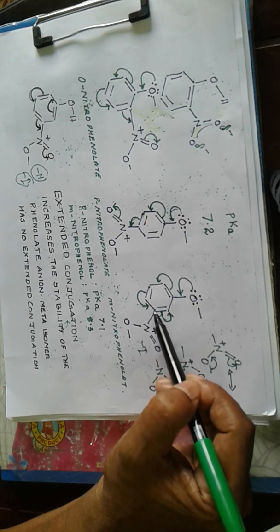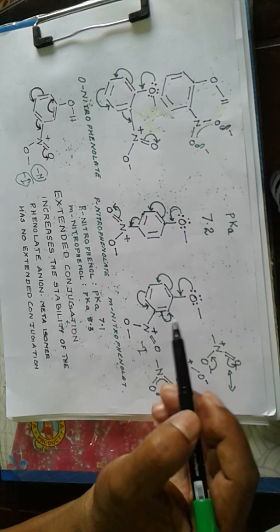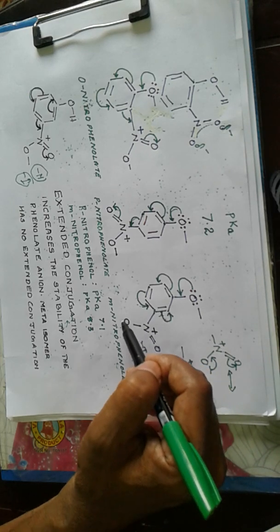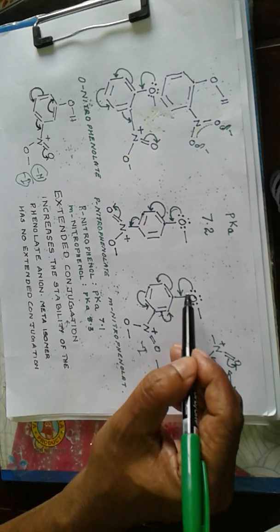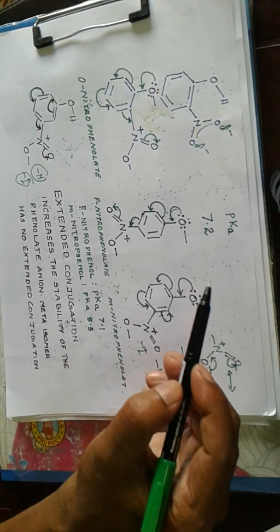This pi electron pair cannot move in this direction because the valency of this carbon will again be 5. So this pi electron pair shifts in this direction, meaning this carbon takes up both the electrons in the pi bond and becomes a negative carbon, so that extended conjugation involving the nitro group is absent in the case of the meta-nitrophenolate anion.